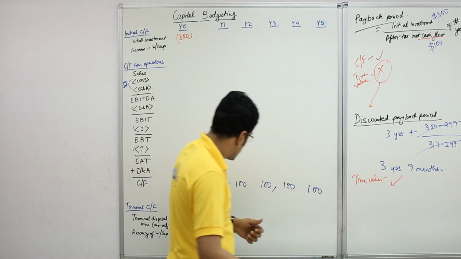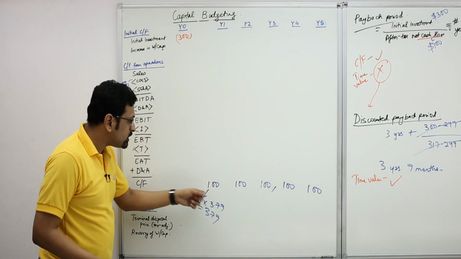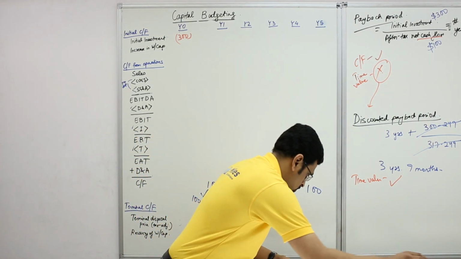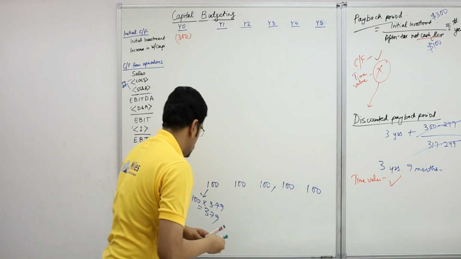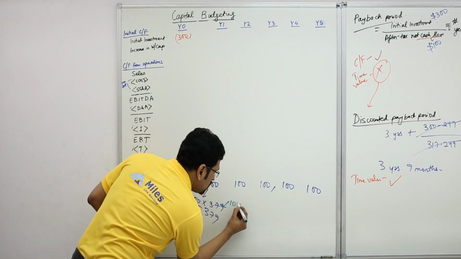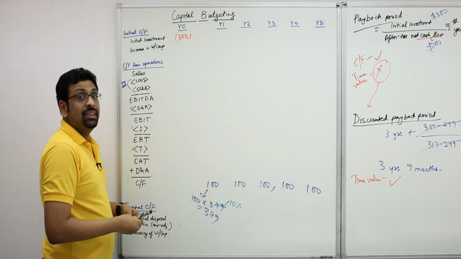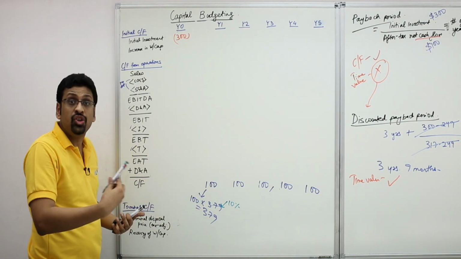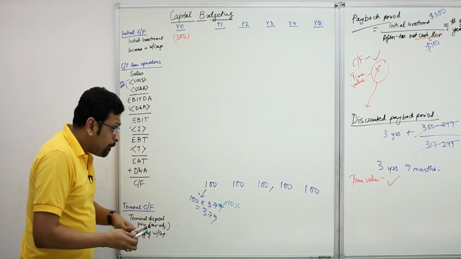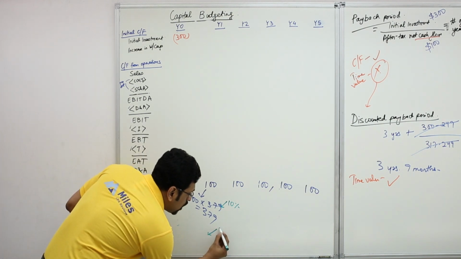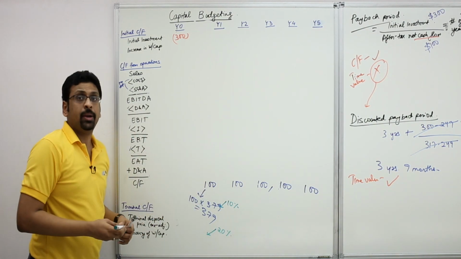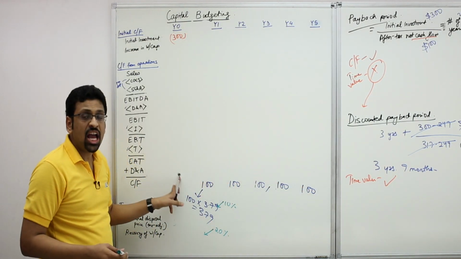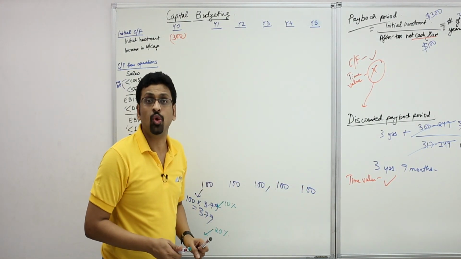Now, when we did 100 into 3.79, this was at 10%. We got that the net present value is positive, it's greater than 0. But if we use the discount rate of 20%, the present value of annuity for this cash stream is 3.0.